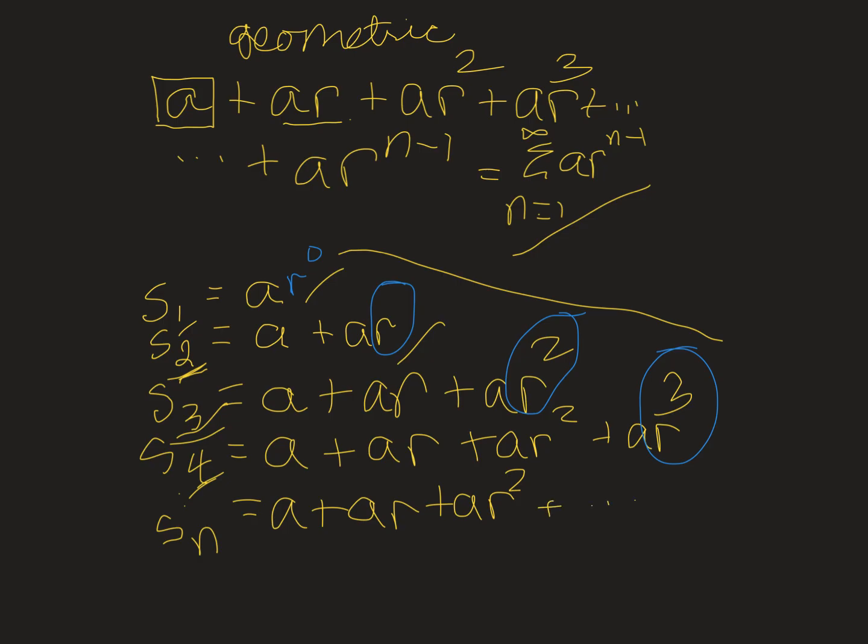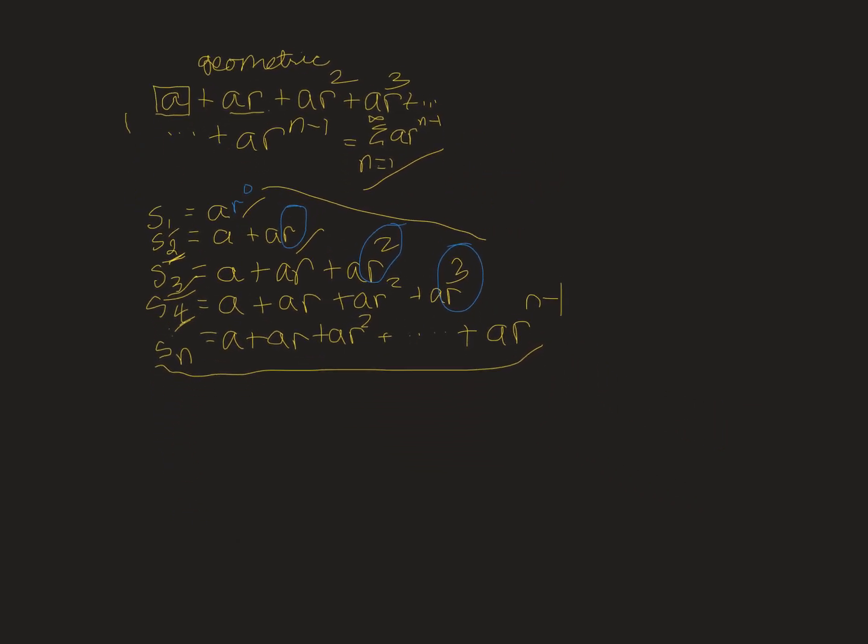That's why when you write out the nth partial sum, it's a times r to the n minus 1 for the last term that you add. So this would be the general form for any partial sum. You just need to tell me n, and then I could write it out, no matter how big or little n is. Okay? So once we figure that out, now we're going to play a game.